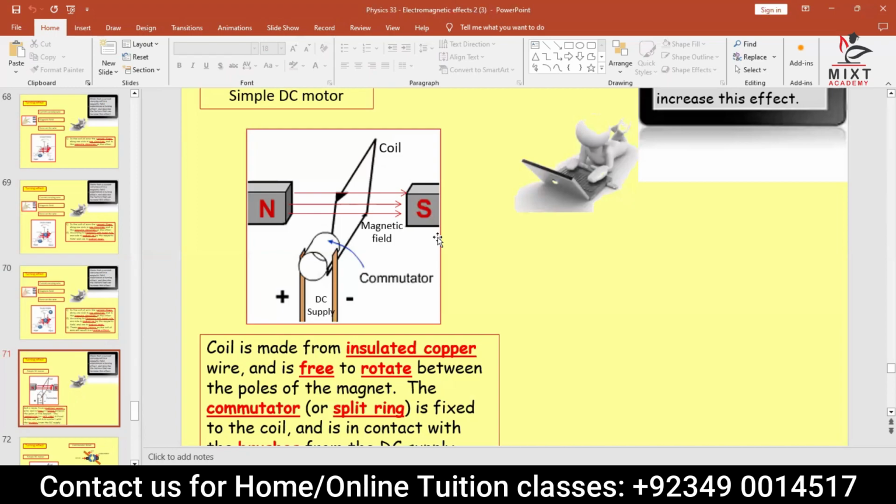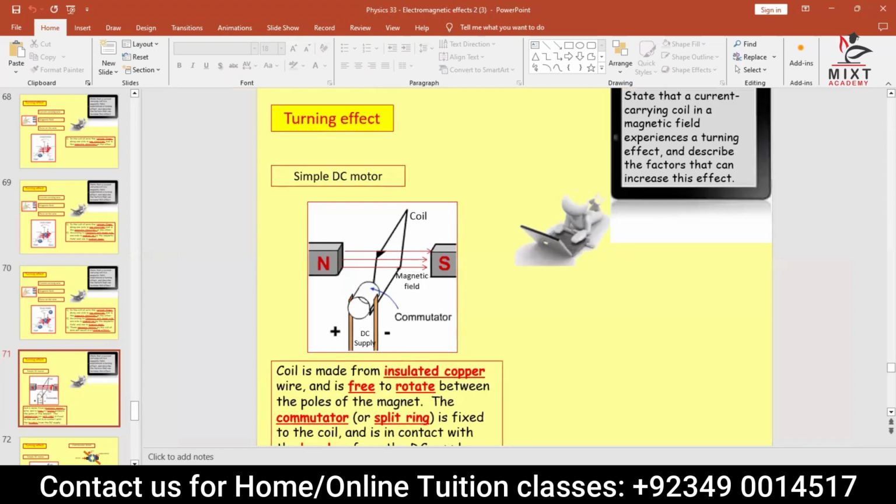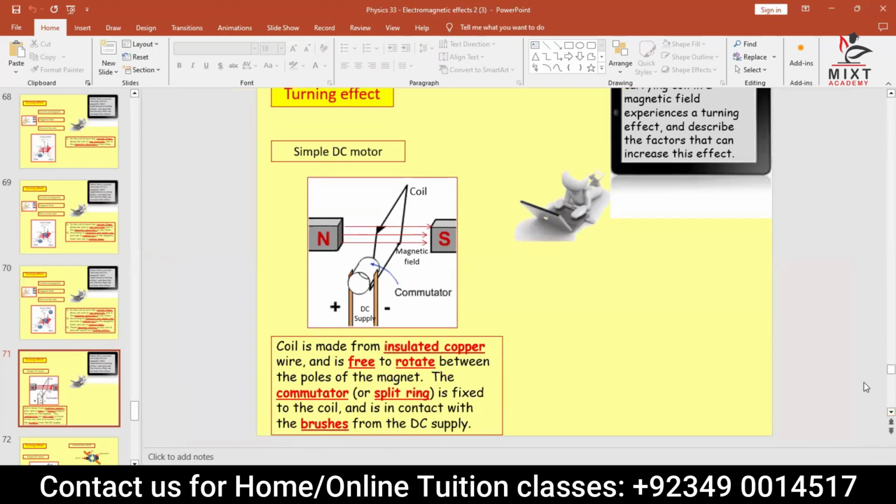DC motor consists of following parts. Number one, permanent magnet.